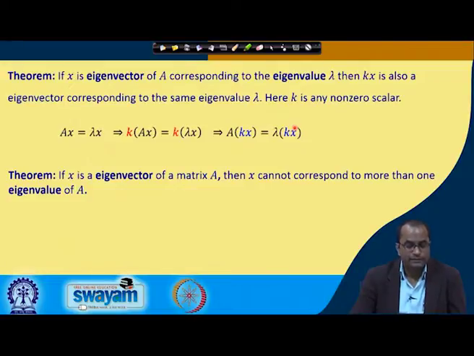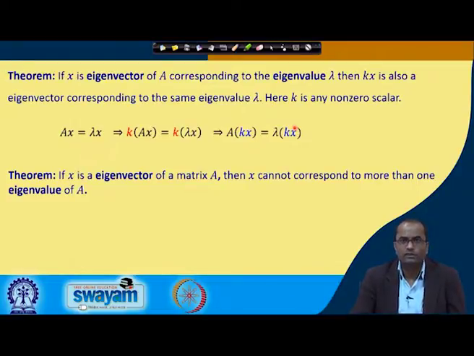If x is an eigenvector of the matrix A, then x cannot correspond to more than one eigenvalue of A. So, another important result is that the eigenvector is unique in that sense: if you have an eigenvector corresponding to, let us say, lambda, then this x cannot correspond to any other eigenvalue.